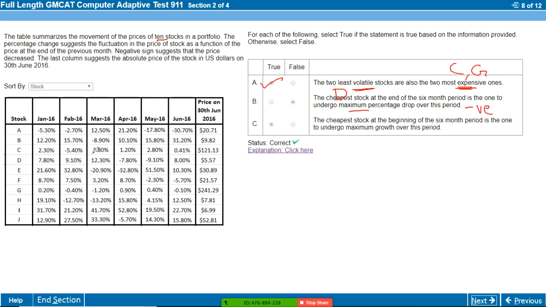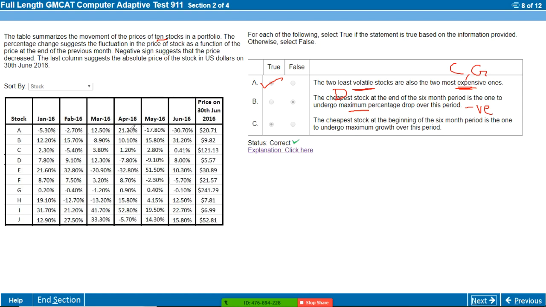But you can clearly look at the other values. For example, over here, this stock E has negative 20 and negative 32, which are very high negative values. So this one might drop more than D. Or even some stock like H has negative 12 and negative 13. Another one like stock A has negative 17 and negative 30.